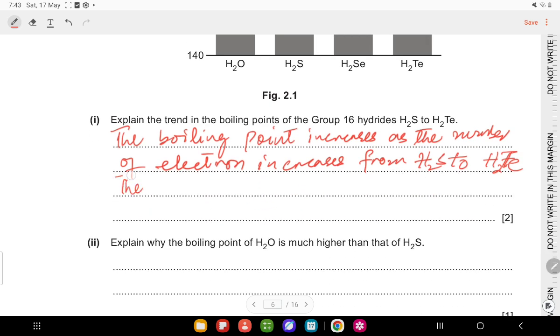The id-id forces increase, while water has hydrogen bonding.